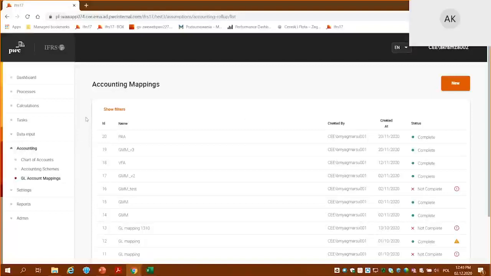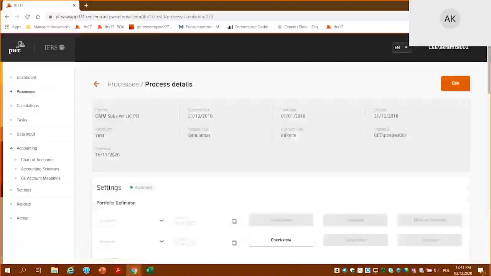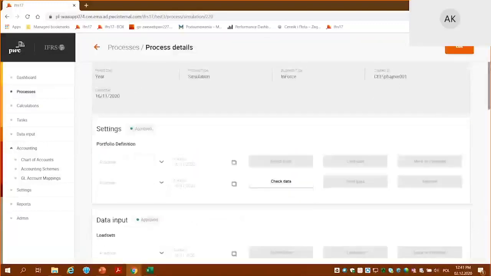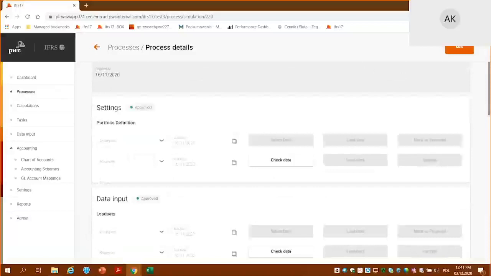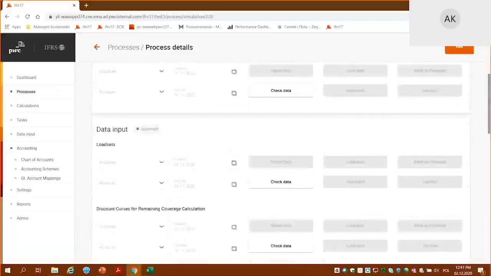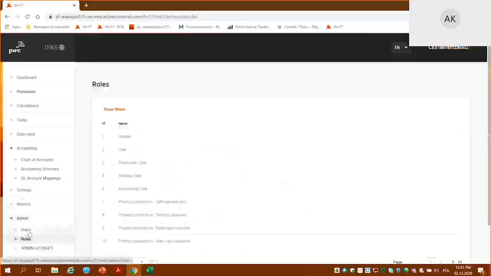The next two items I would focus on is the full workflow engine. So any process you enter in the solution itself is disaggregated into easy and intuitive to understand steps that need to be completed and reviewed by different users based on the roles and responsibilities assigned in the admin panel.